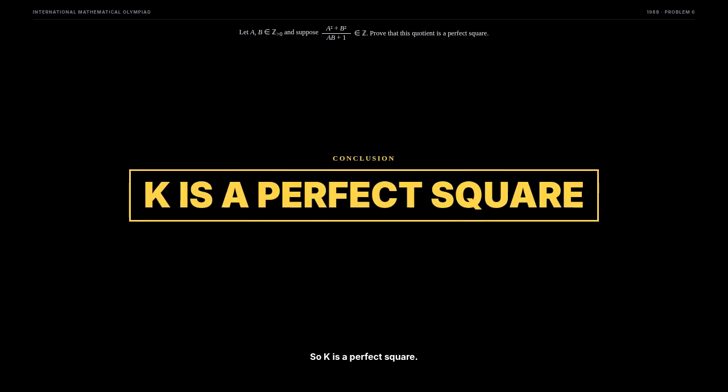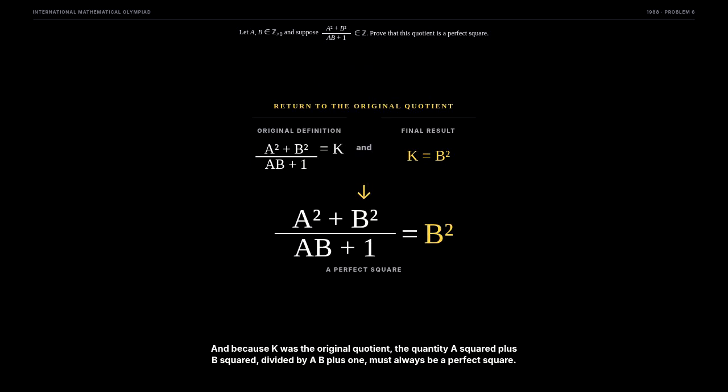But we already know that b squared is at most k. Therefore, k equals b squared. So k is a perfect square. And because k was the original quotient, the quantity (a squared plus b squared) divided by (ab plus 1) must always be a perfect square.